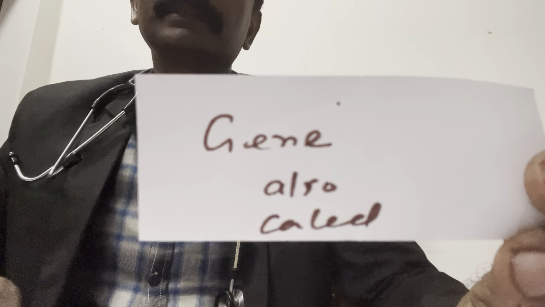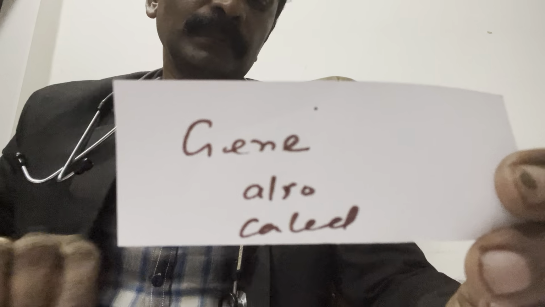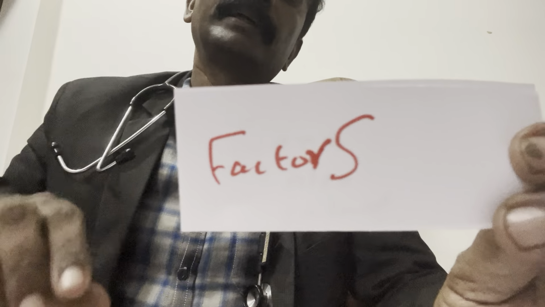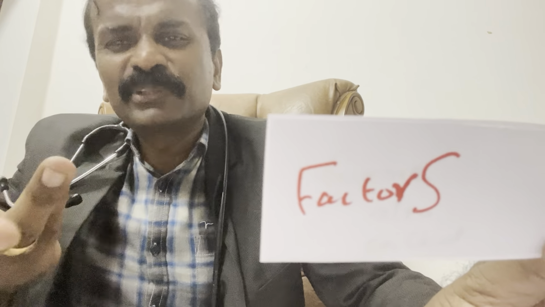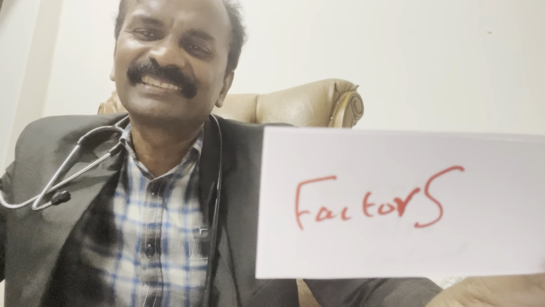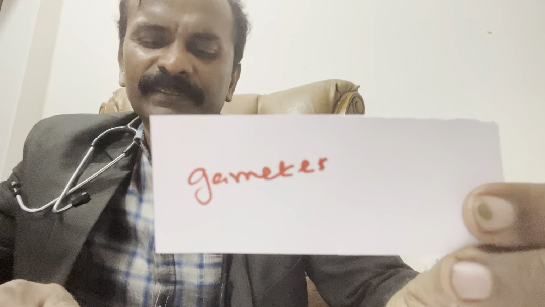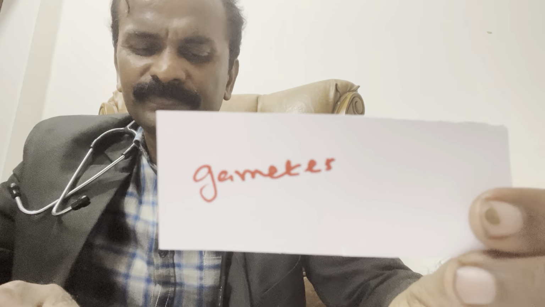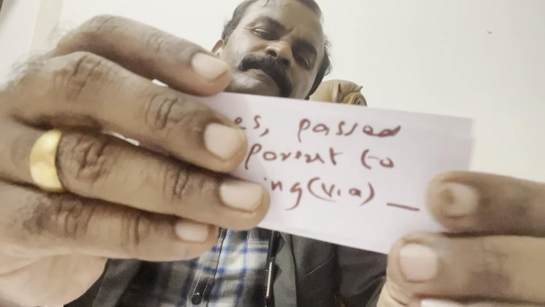Gene is also called factors. So they'll ask simple questions like this and make you confused. Instead of using the word gene, they'll put the word factors. Gametes, what is the question?